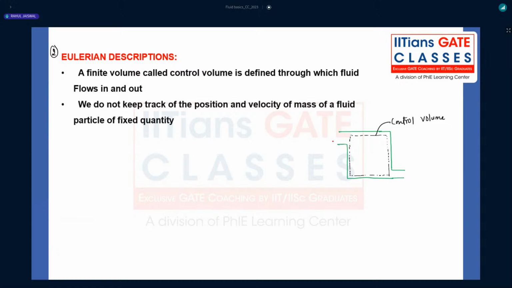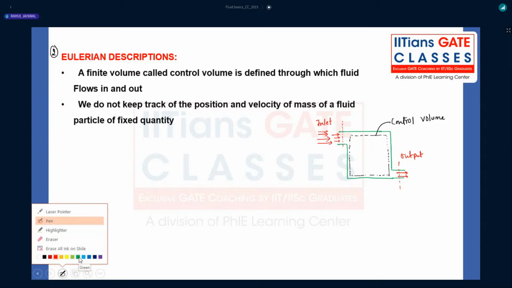And it says you just focus on one particular position. Let's suppose this is the inlet position. Infinite numbers of particles are passing through this segment, right? And this is also one position, the output section, through which the fluid is going out of this control volume.